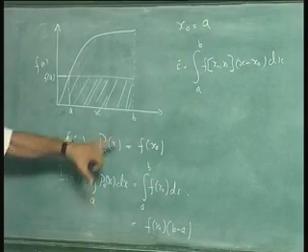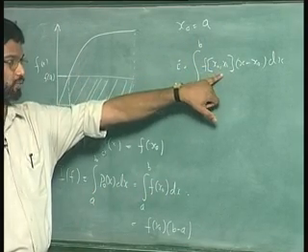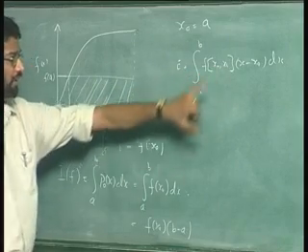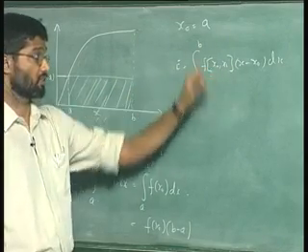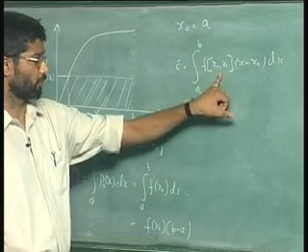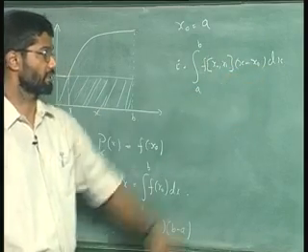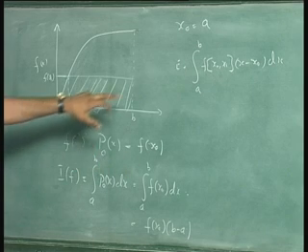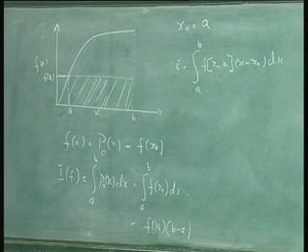We are choosing our new point x1, and f of x0, x1 is the coefficient of the next term in the polynomial, multiplied by x minus x0 dx. So the integral of the next term in the polynomial is my error here. That is what we would look at now.